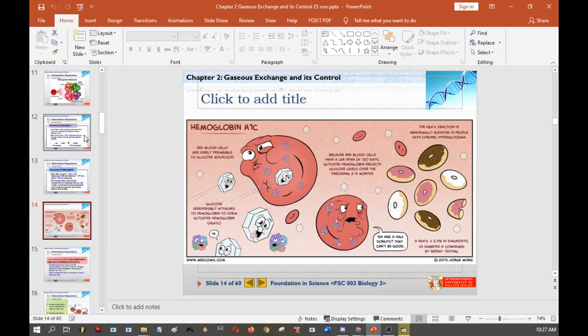Okay, so as you can see here, this is the blood of a diabetic sufferer. Sugar, if not controlled, will not be converted to glycogen, and due to that it will just be floating in the blood. And if it is floating in the blood, it can actually get into your red blood cell. Your red blood cell, instead of binding with oxygen, will actually bind with sugar.